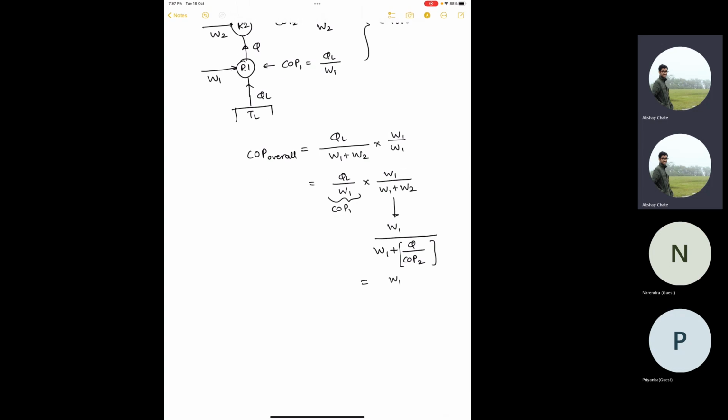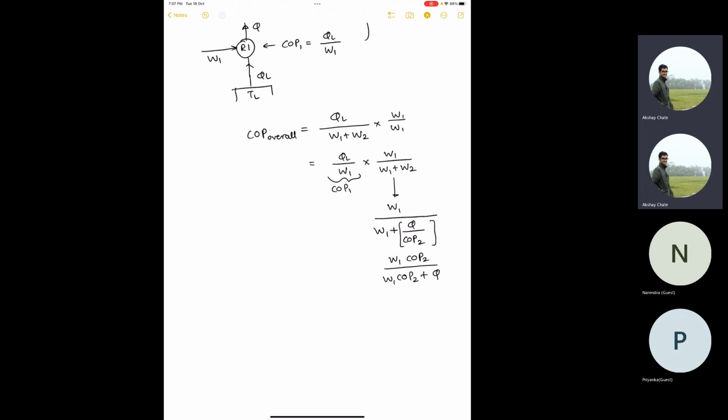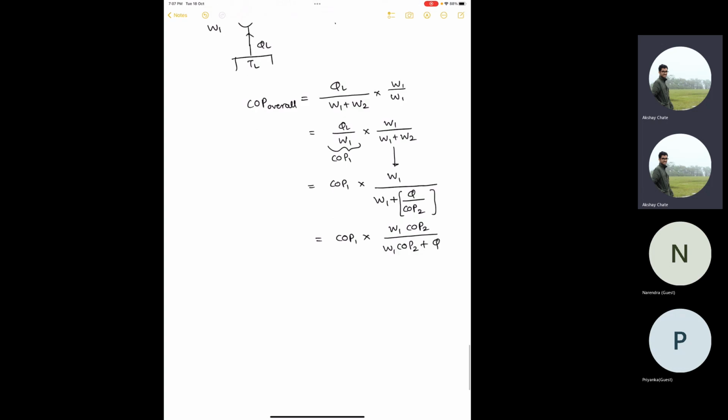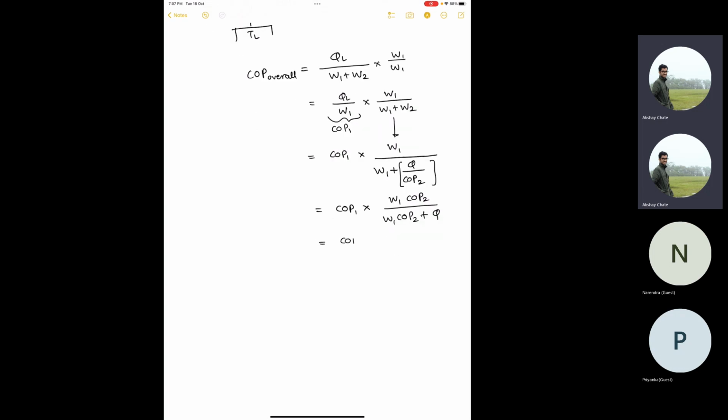It will become W1 into COP2 divided by W1 COP2 plus Q. I am just doing some simplification, there should not be much difficulty. We'll write the whole thing together because otherwise it can cause confusion. I hope everyone follows this sequence of thoughts.